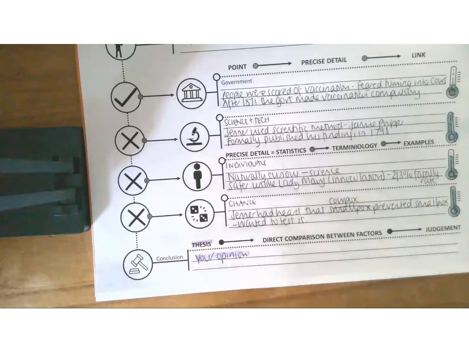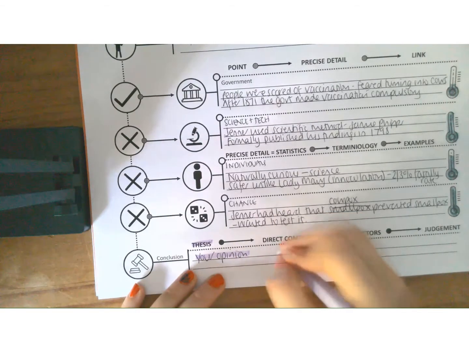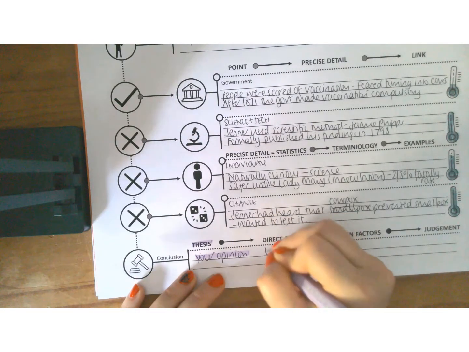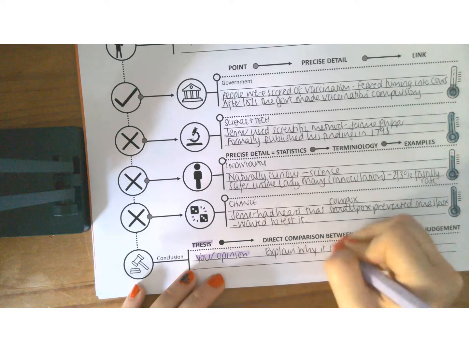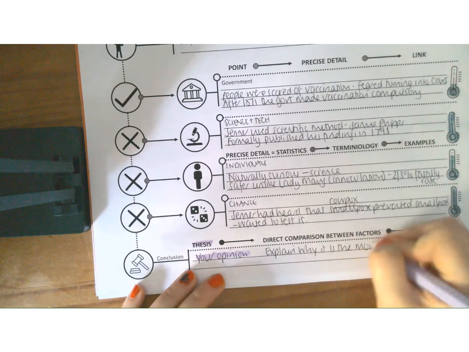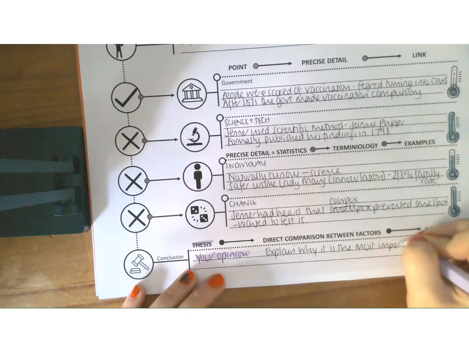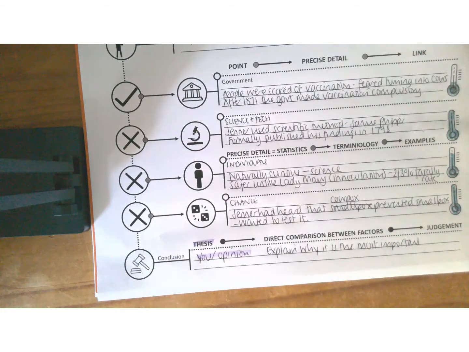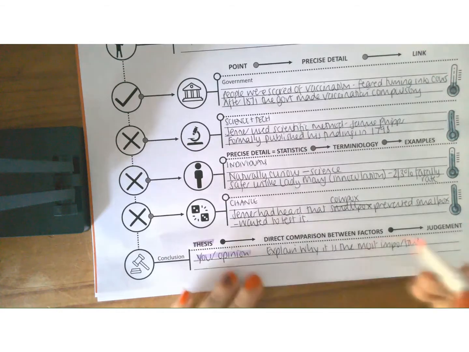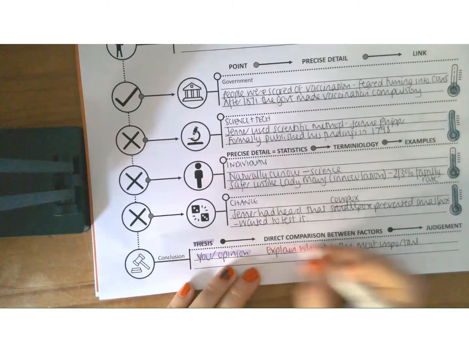Then what we want to do is explain why it is the most important. Lots of people will just explain why it is important, but we want to explain why it is the most important. So this means we have to try and compare the factor we've chosen to the other factors.